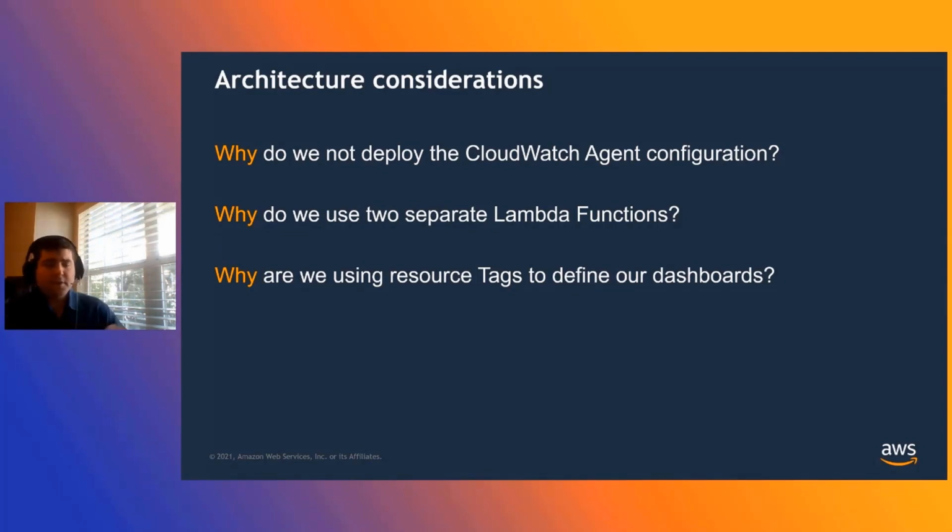If we think of different components of our application, like web servers, app servers, or database servers, normally we'll tag those with the tier the application is in. If it's a web tier or web front end, we'll have a specific tag for that grouping of resources.